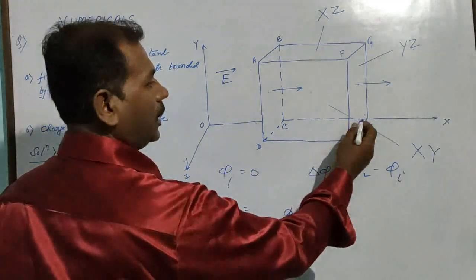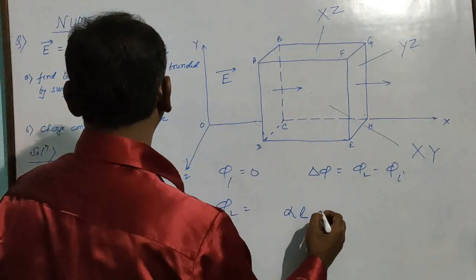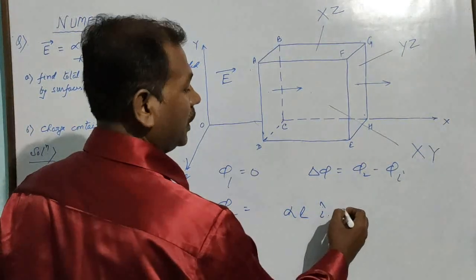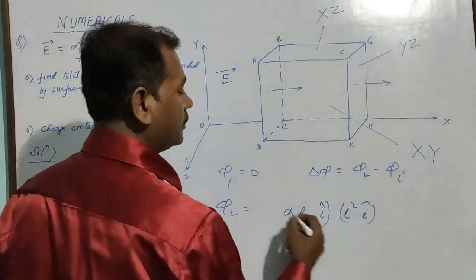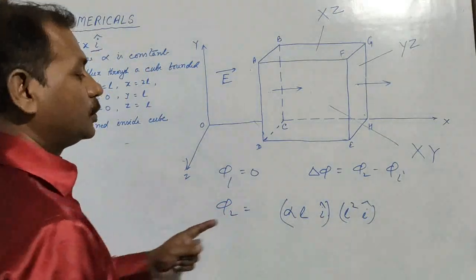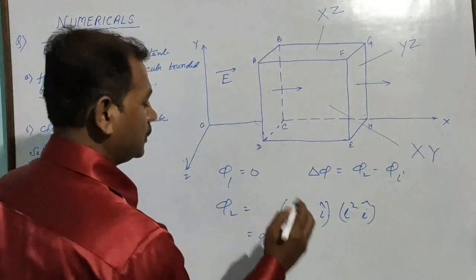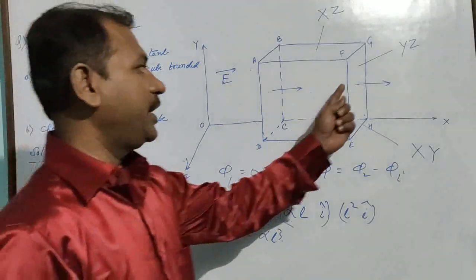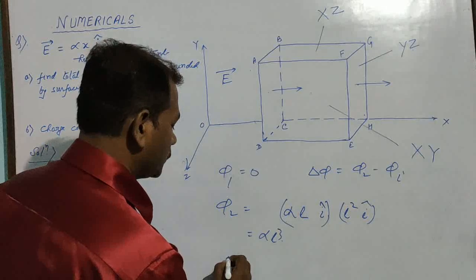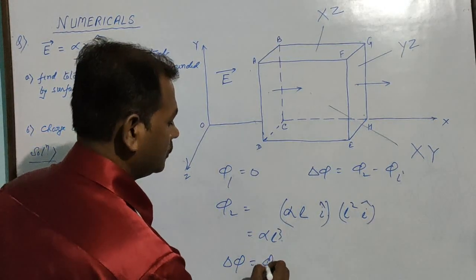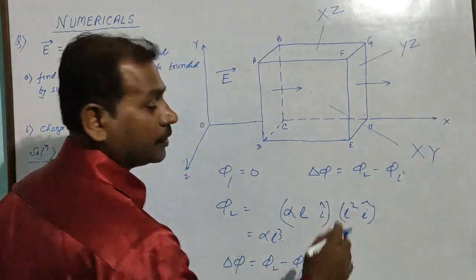This one is L. If it starts from this particular place, alpha L into i cap, and your area vector becomes L squared i cap. So this becomes only alpha L cube. This is the flux exiting from the face, and this will remain as the net flux also. This will also remain the same here.